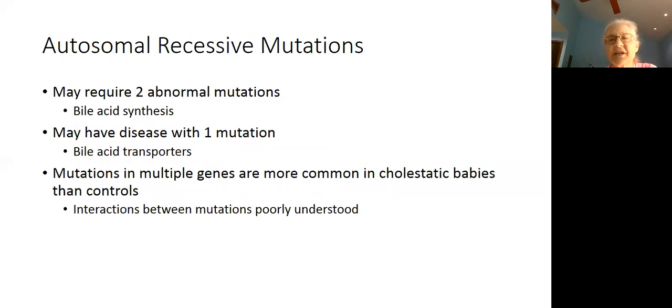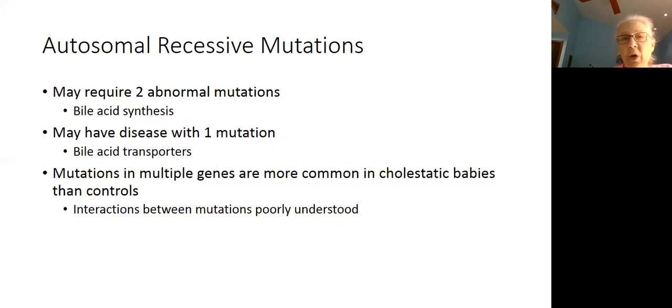Most of the mutations that we're talking about require 2 abnormal mutations, like in bile acid synthesis defects, but we have a fair number of transport defects where disease has been described when you only have 1 known mutation.